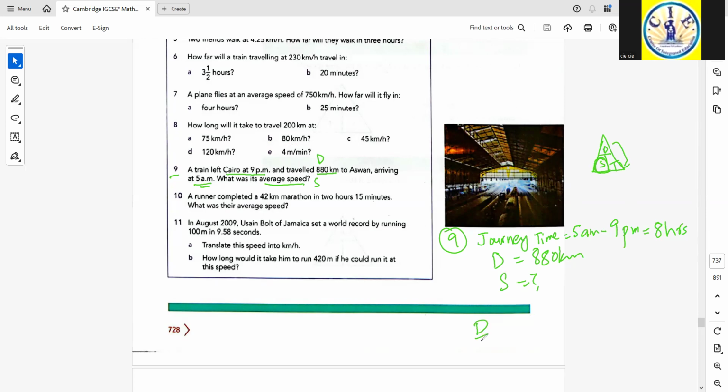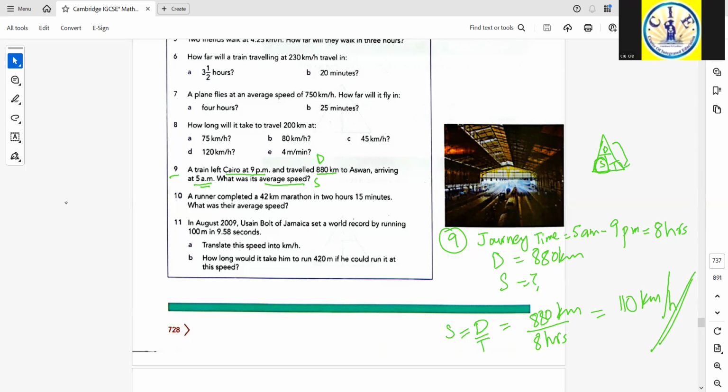So distance by time would give us speed. Distance is 880 kilometers and time is 8 hours. So that comes to 110 kilometers per hour. That's the answer to question number 9.